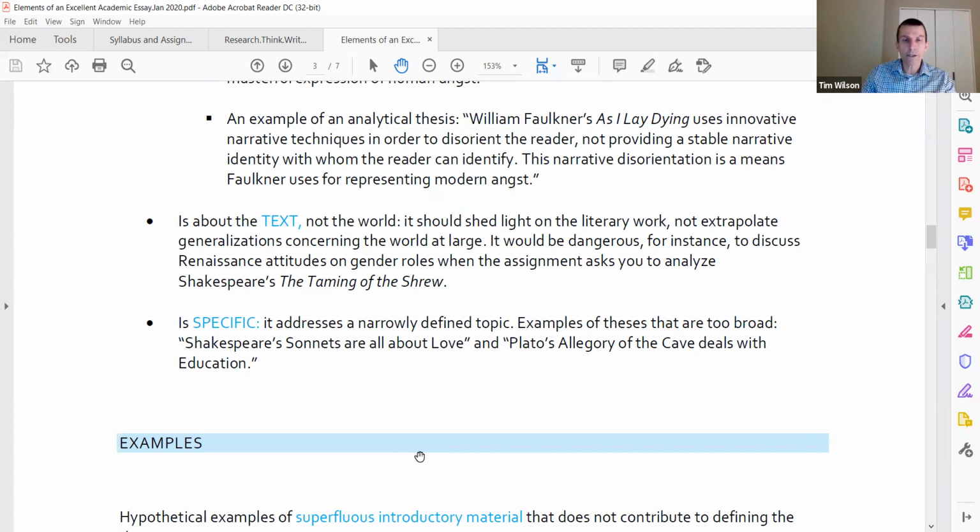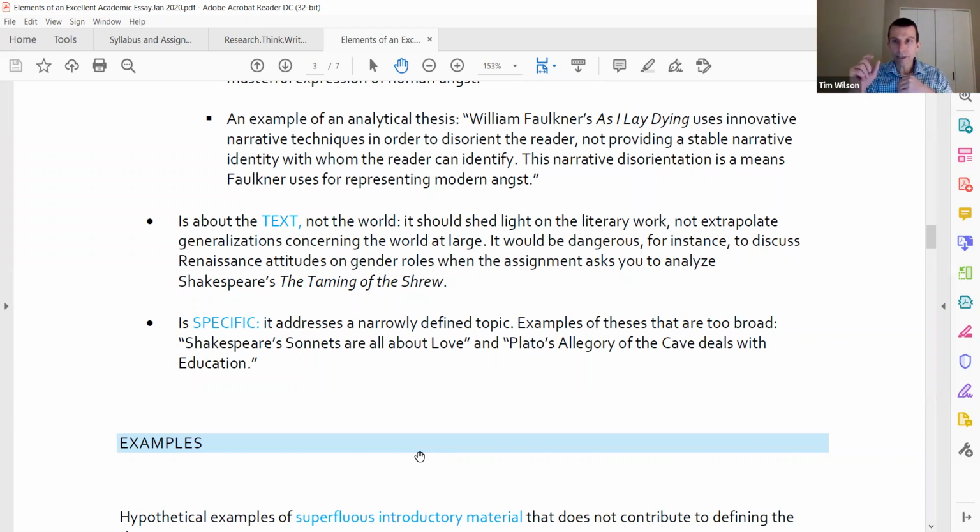Examples that are too broad, and I literally have had these in other courses: Shakespeare's sonnets are all about love. First of all, the scope, the topic being examined, is too broad. Love is not defined. You'd have to get to a particular aspect of love.